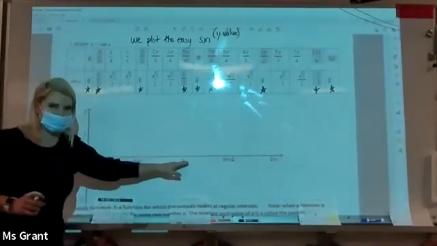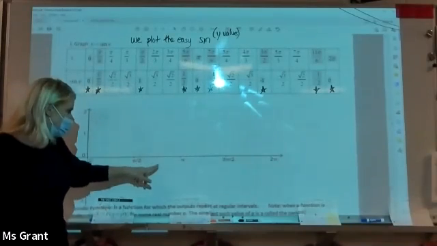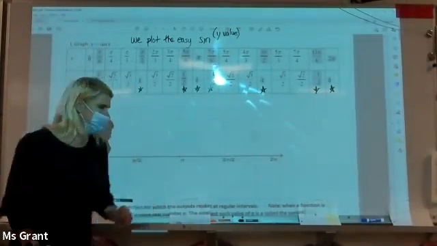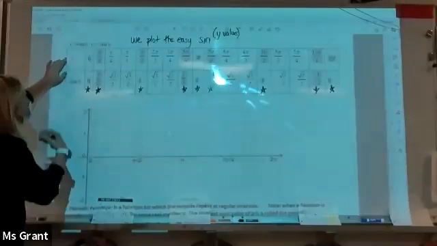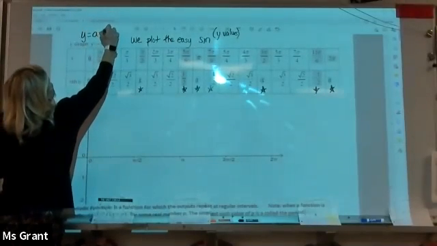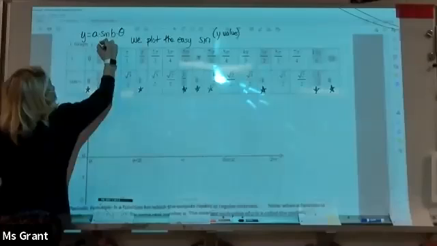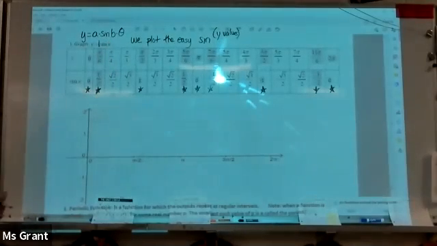Here's my x-axis. I just listed, obviously, 90 degrees, 180, 270, 360. So I'm giving you, this is the parent function. Obviously my a is going to be 1 because there's no number in front of the sine.